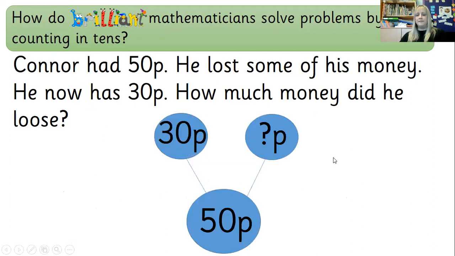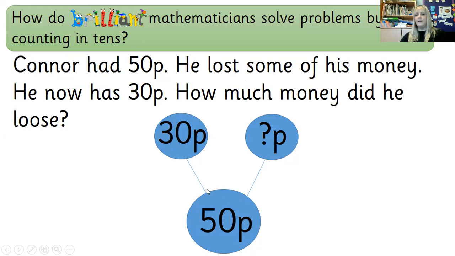Another way of doing this is using our part whole models. So Connor has 50p. So here, my whole number is the 50p. That's how much he had to start. He lost some of his money. He now has 30p. So I'm reading that problem to find the amount that I have here. That's giving me a clue. So I can pop that into my part whole model.